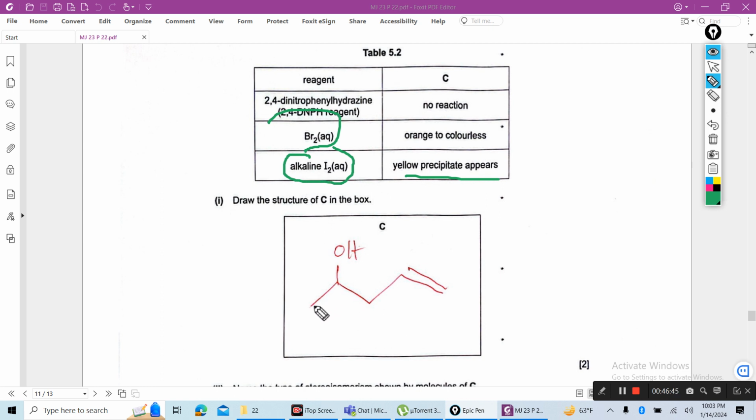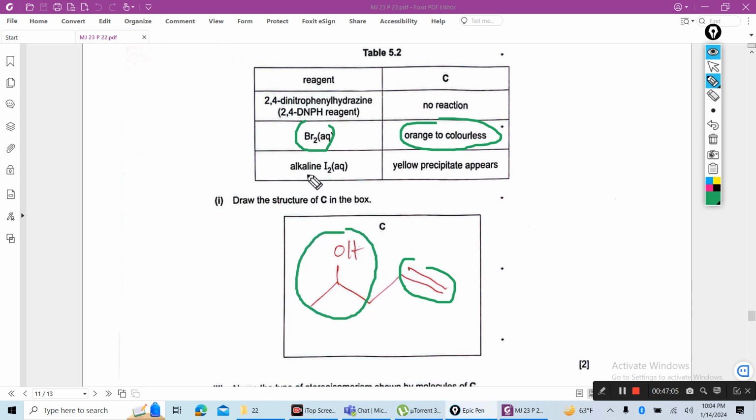So this secondary alcohol group, CH3, here one hydrogen. This is a secondary alcohol. And also from this part bromine water turns orange to colorless. From the secondary alcohol, it reacts with alkaline iodine to give a yellow precipitate.